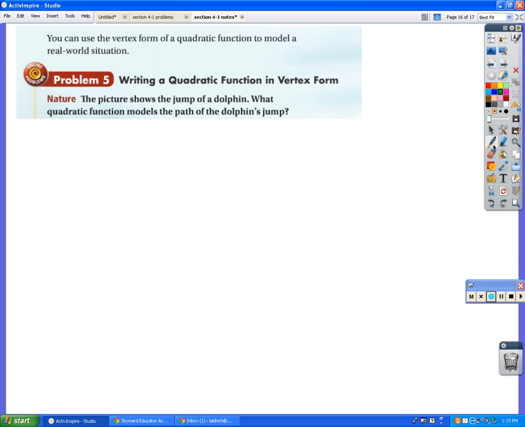We can also come up with the equation for a parabola based on its graph. Okay? So on page 198, there's a picture of a dolphin jumping. And they put a little graph in there to show how its jump would continue. Okay? Here's how this works.